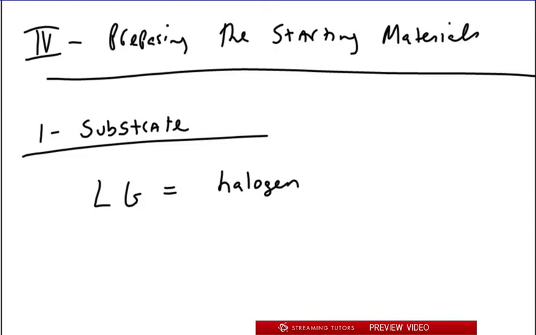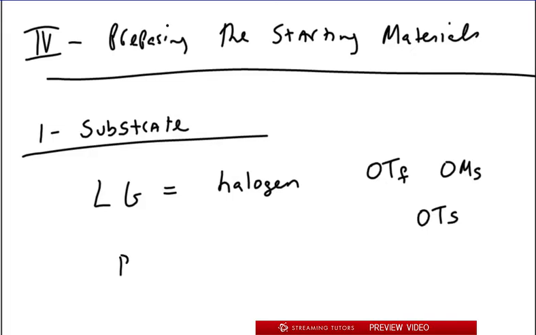So we know from last semester, halogens are leaving groups. But other things that we talked about last semester are things like OTf or OMs, right? So our triflate, our mesylate, our tosylate, OTs, these are all leaving groups, right? These are all just things that can leave from a carbon.